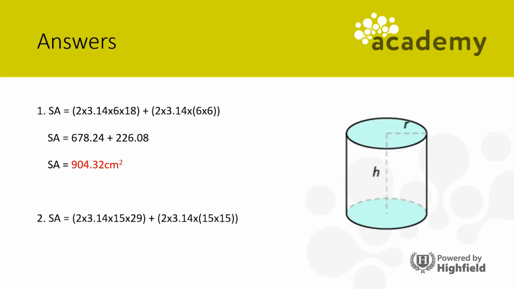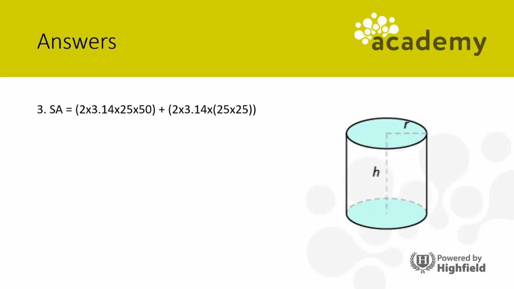In the second example, it's 2 times 3.14 times 15 times 29 plus 2 times 3.14 times 15 times 15, which is 2,731.8 plus 1,413, which is 4,144.8 centimeters squared.